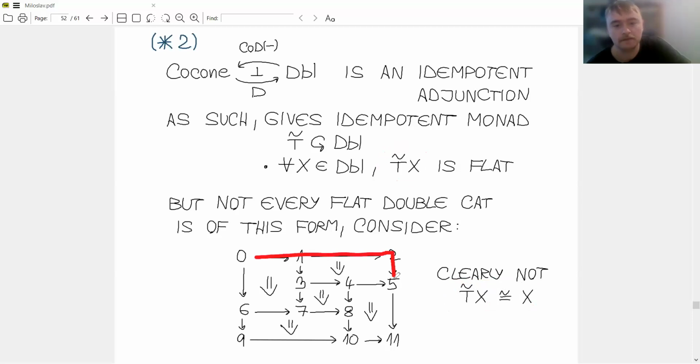If we do the category of corners, this big square commutes, so it would be present in T tilde X, which it's not here. So what I suspect is that T tilde X is the best thing you can do to a double category to make it admit these kinds of composites, but I haven't proved anything of this sort.